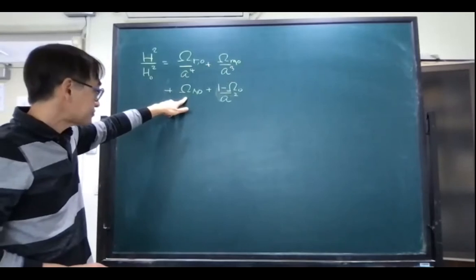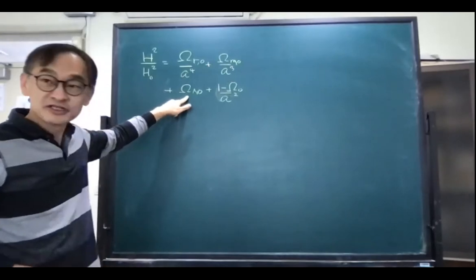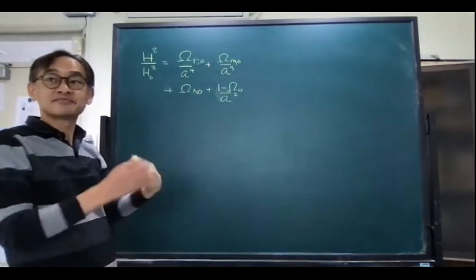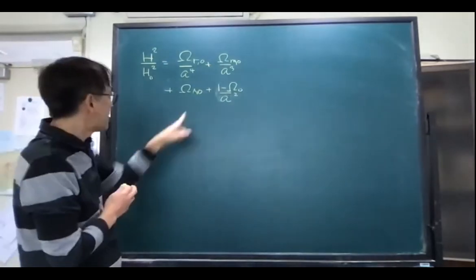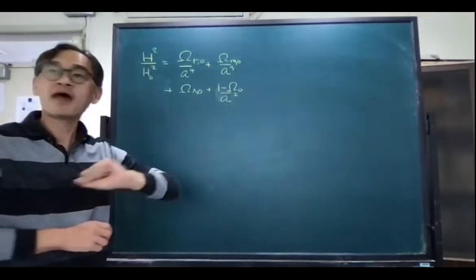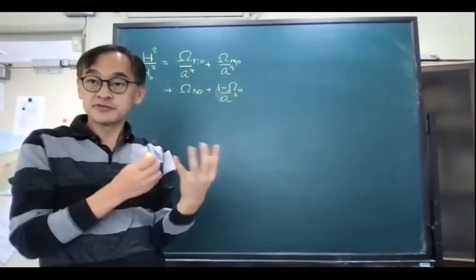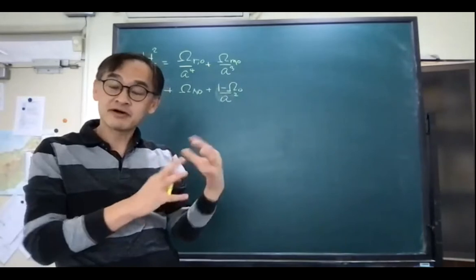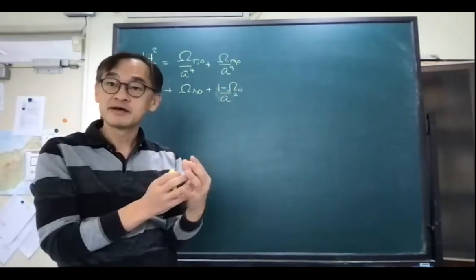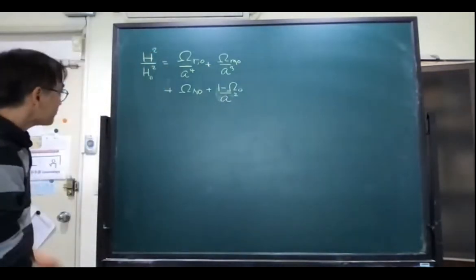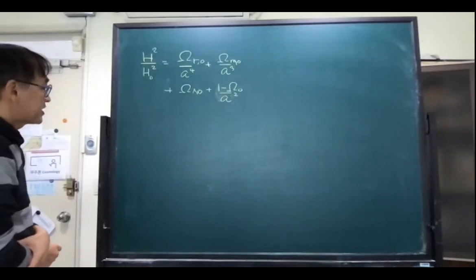And the dark energy component has no relationship with the scale factor. And this curvature term has a power of 2. It's because we live in three-dimensional space and we talk about curved space. So that's what it is.